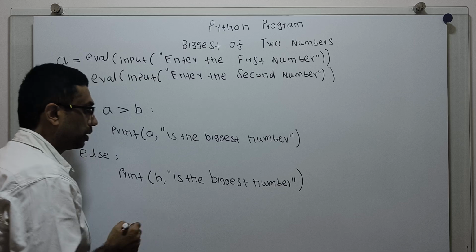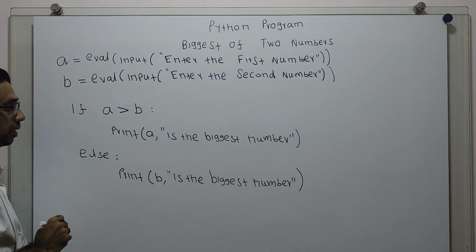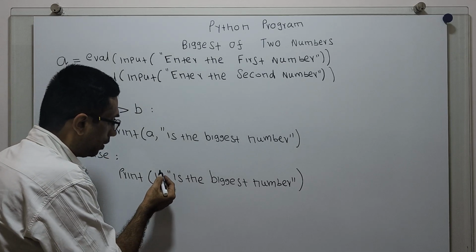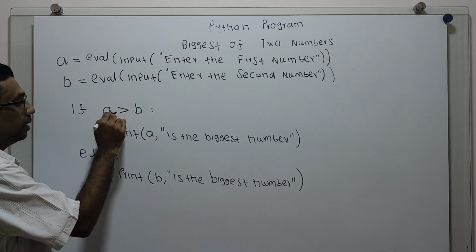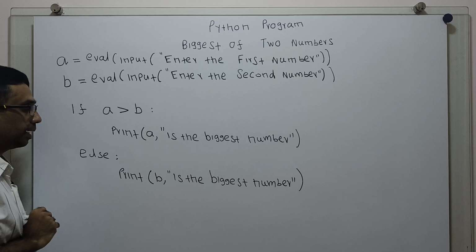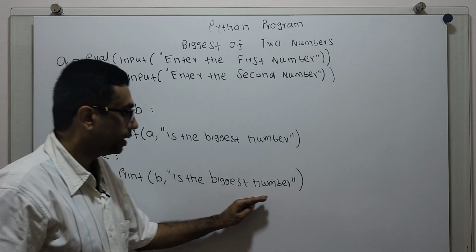Closing the double quotation and closing the print statement. So if a greater than b is false, the control will transfer to the else block and print the value of the variable b followed by "is the biggest number". Why? Because a greater than b is false, so we can say b is greater than a.